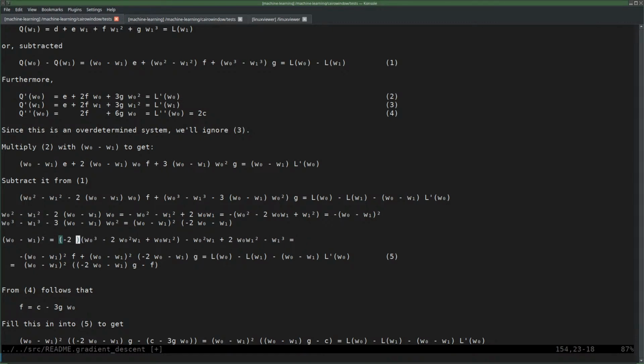And then let's multiply everything with minus 2. Minus 2, minus 2, minus 2. So this is minus 2 times that. Plus 4 times that. Minus 2 times that.